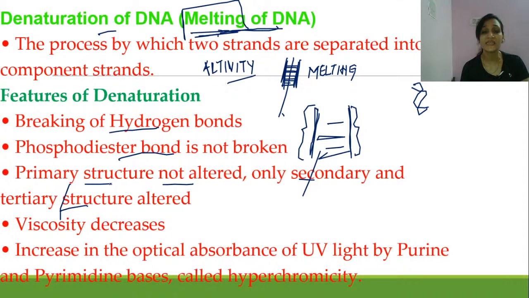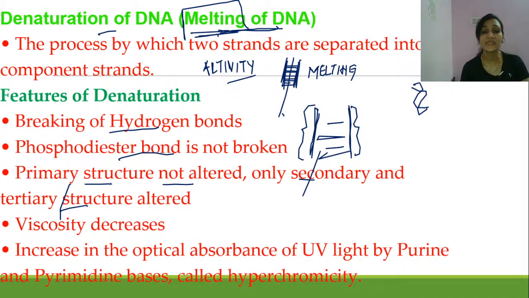We have seen that genetic material absorbs UV light in the range of 260 nanometer. So what it will do? It will increase the optical absorbance and it will increase the hyperchromicity. That is, now it will absorb more light. The OD will be less. Optical density will be less. It will be absorbing more light.